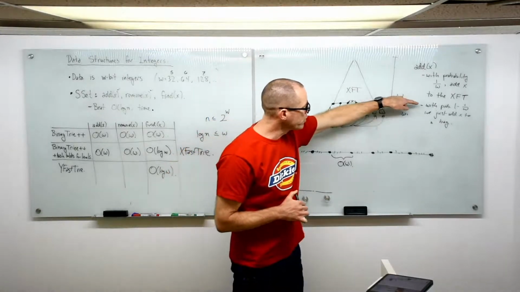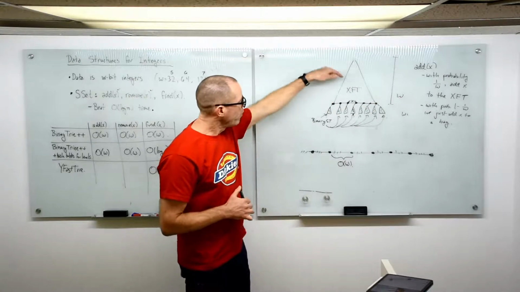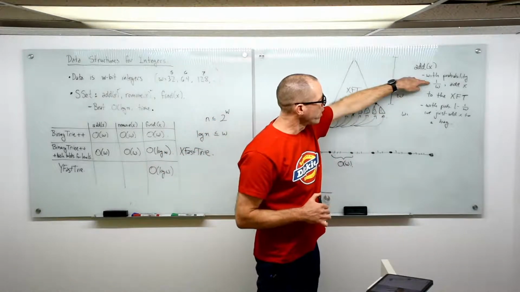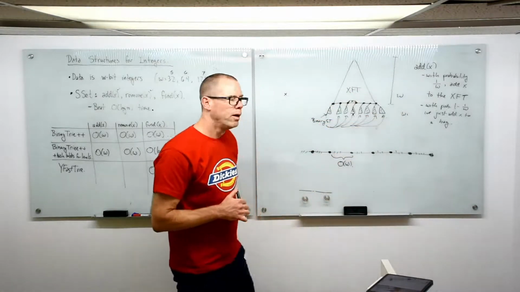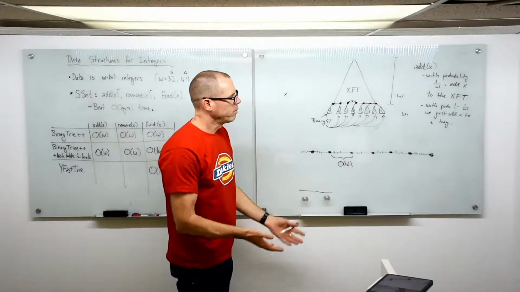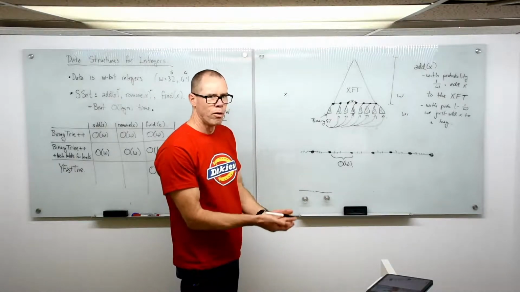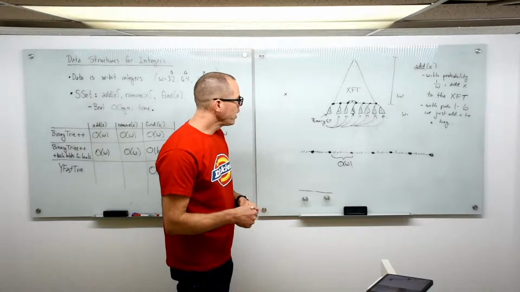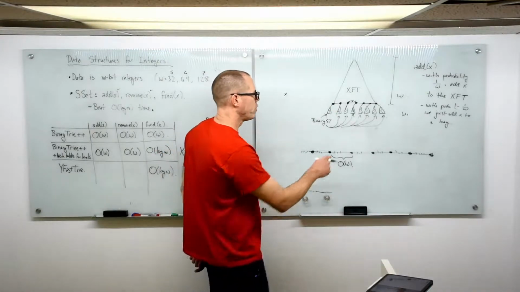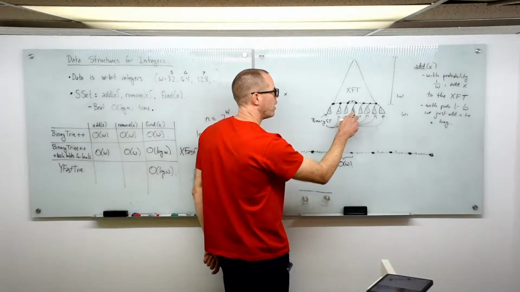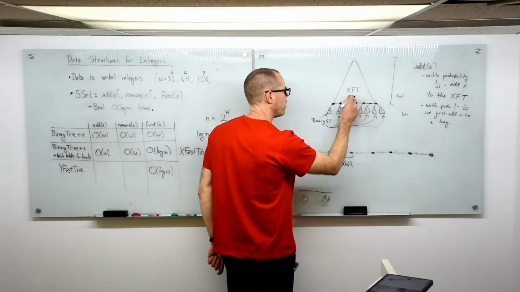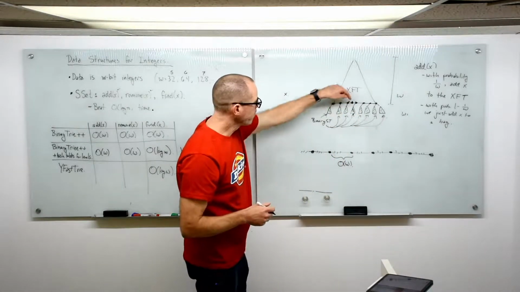So that's what happens most of the time. But every once in a while, we toss this biased coin, and it comes up heads with probability 1 over W, in which case we're not going to just add x into one of these green trees, but we're going to stick x in the XFast trie.